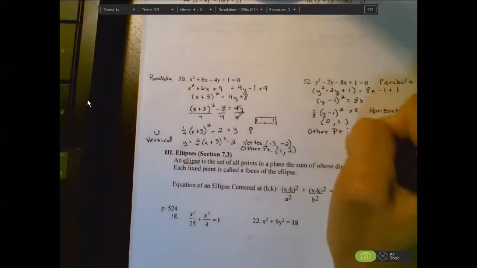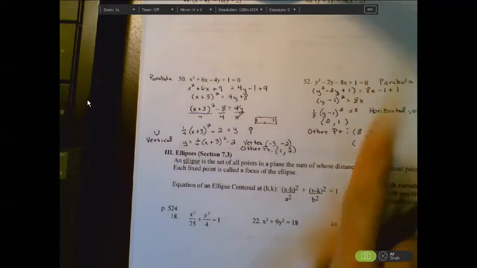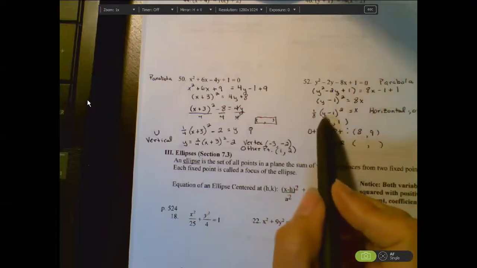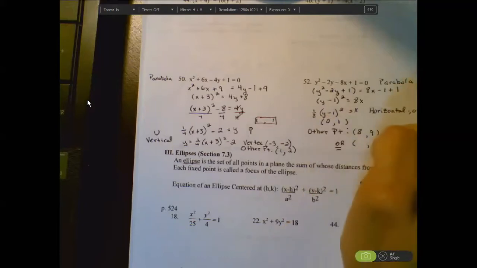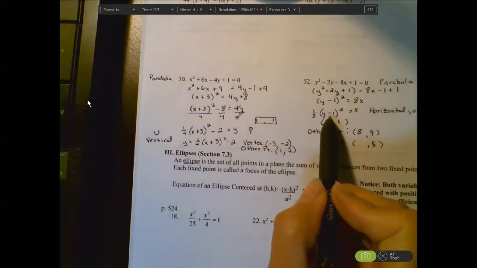If you squinted a little bit harder, you may find a smaller number you could let y be. If you let y just be 5, what's 5 minus 1? 4.